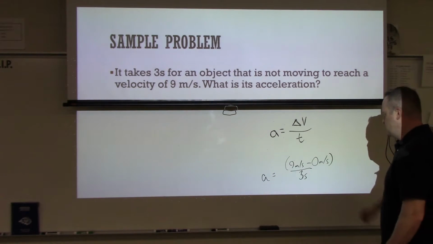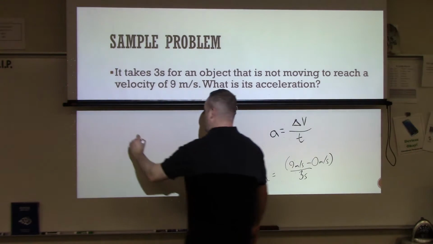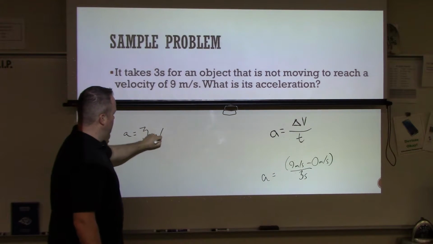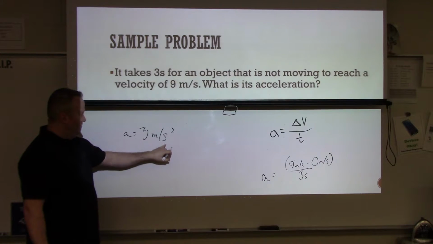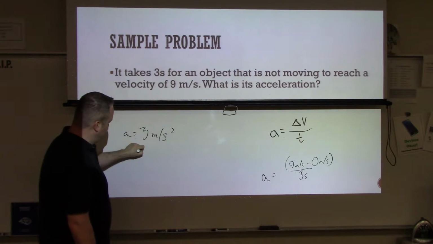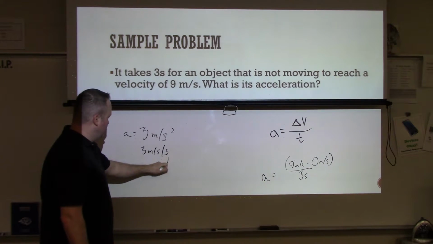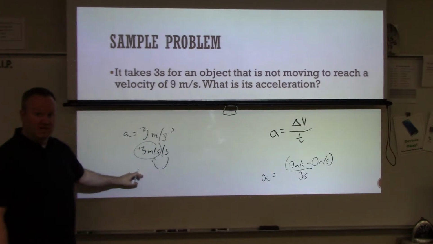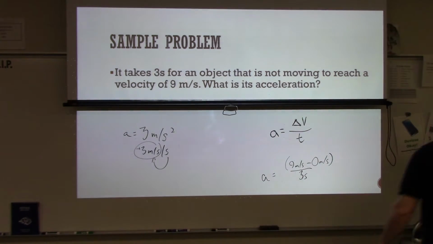So 9 minus 0 is 9. 9 divided by 3 is 3. So in this situation, my acceleration is equivalent to 3 meters per second squared. What this means is every second that goes by, I'm going to add 3 meters per second to my velocity. That's what acceleration means. Let's look at the next slide here.